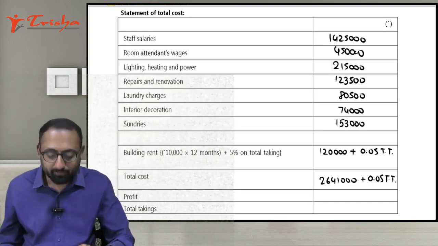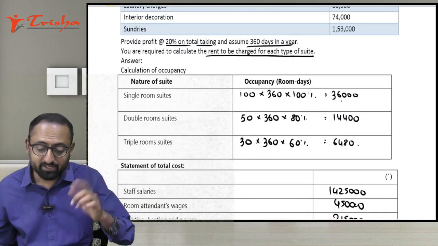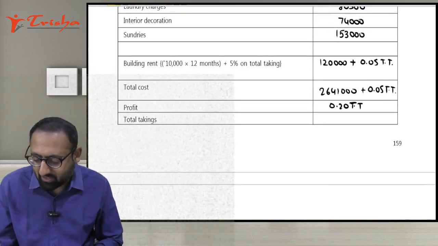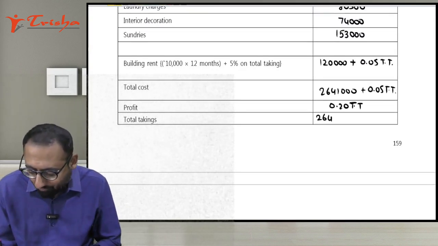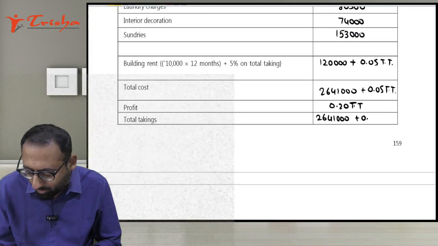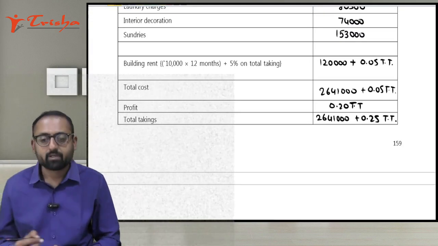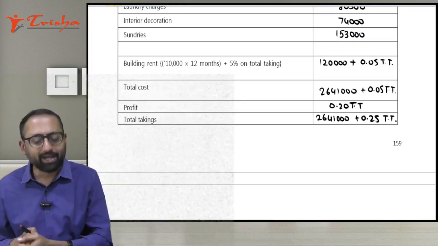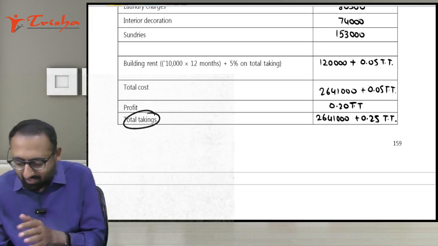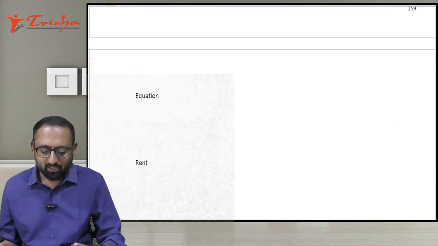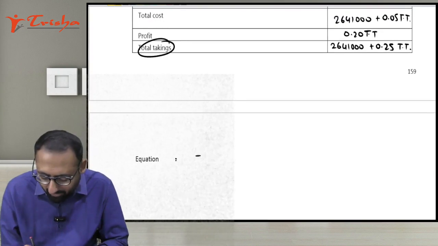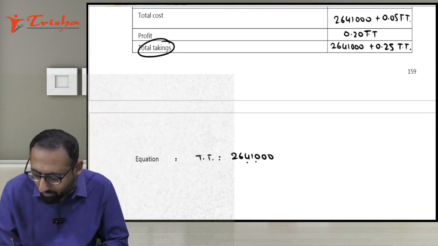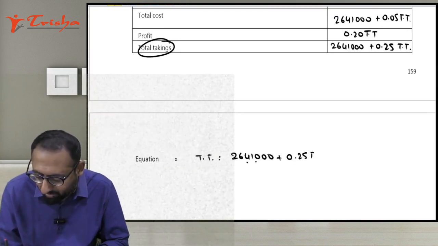Now let's read the question. Profit is also given: 20% of total taking, so 0.20 of total taking. So total taking will be 26,41,000 plus 0.25 of total taking, where 0.20 is your profit and 0.05 is your rent. Total taking appears on both sides, like a conductor commission, so an equation is prepared: total taking equals 26,41,000 plus 0.25 of total taking.